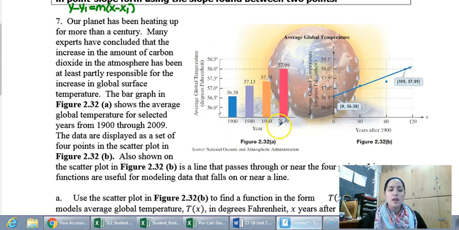The data are displayed as a set of 4 points in the scatter plot in figure 2.32b. So if we notice, we have these four ordered pairs plotted based on the bar graph data on the left. Also shown on the scatter plot over here is a line that passes through or near the 4 points.